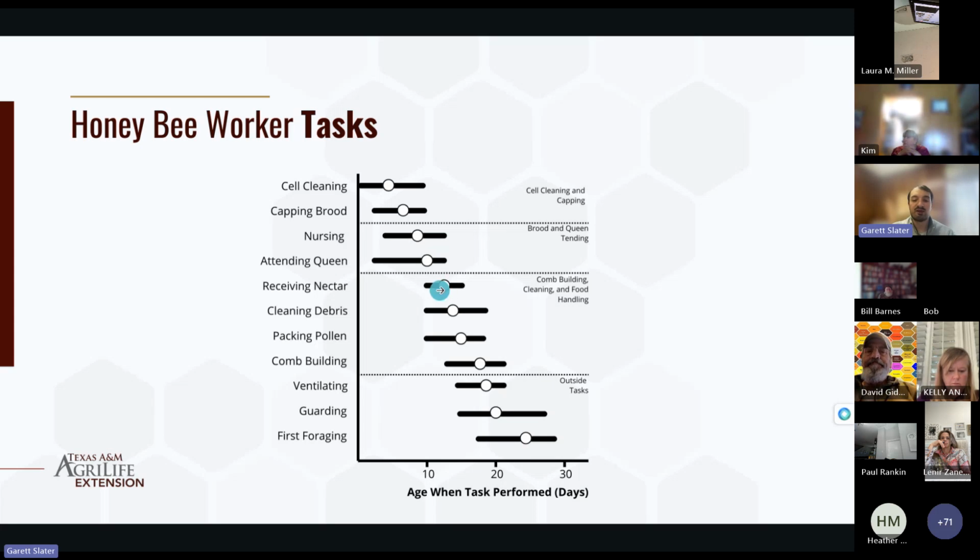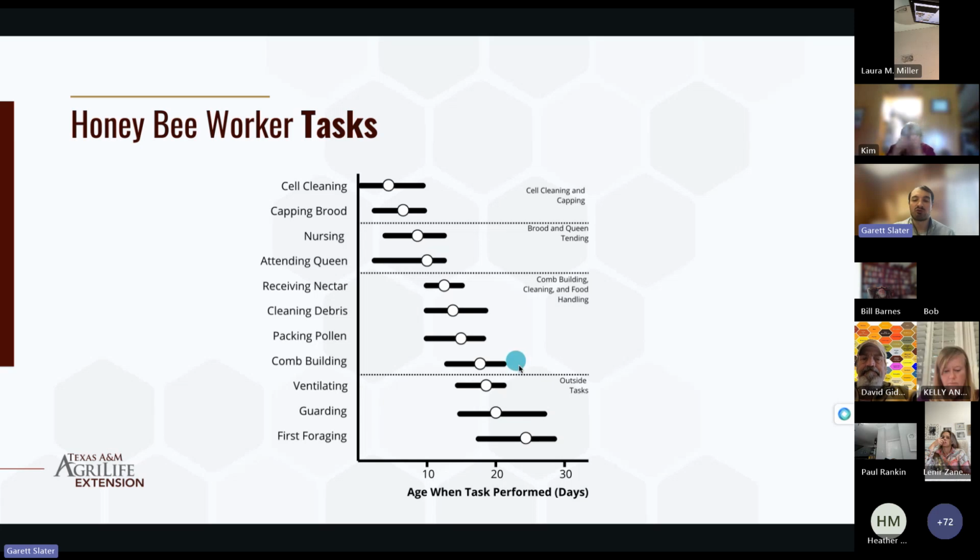Once they get to around 10 to 20 days old, they're doing some of the comb building tasks. They're receiving nectar. Some workers' goal is to collect nectar from the foragers and convert that into honey, which is stored for longer periods of time. Some are collecting and packing pollen. The pollen comes back from the foragers and it's packed and converted into bee bread in these cells.